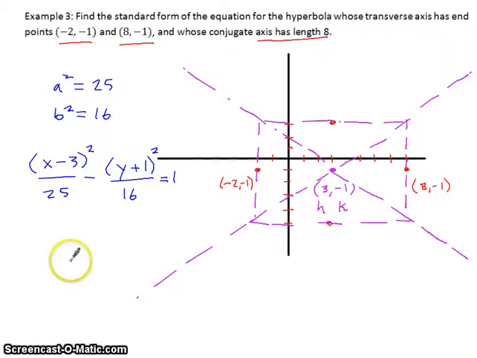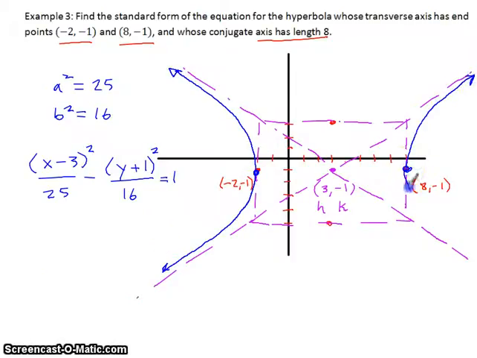My transverse axis is parallel to my x-axis, and this (-2, -1) represents a vertex of my hyperbola. (8, -1) represents another vertex, and voila, there's our hyperbola.